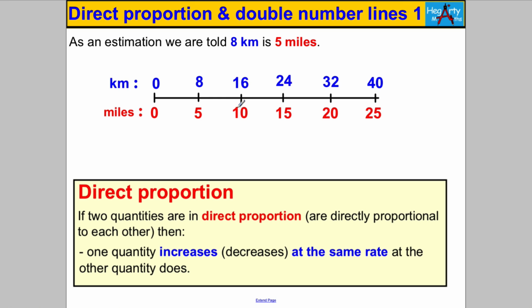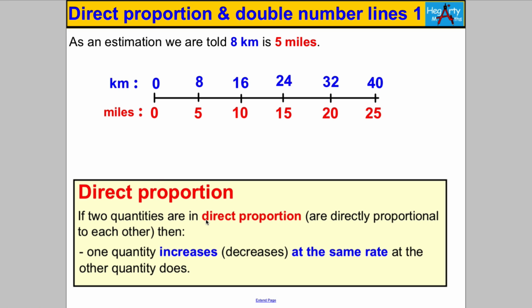If you double that, 16 kilometers is 10 miles. If you multiply your number of kilometers by 4, you multiply your number of miles by 4. And if you multiply your kilometers by 5, you also multiply how many miles you've got by 5. In this case, kilometers and miles are said to be in direct proportion to each other.